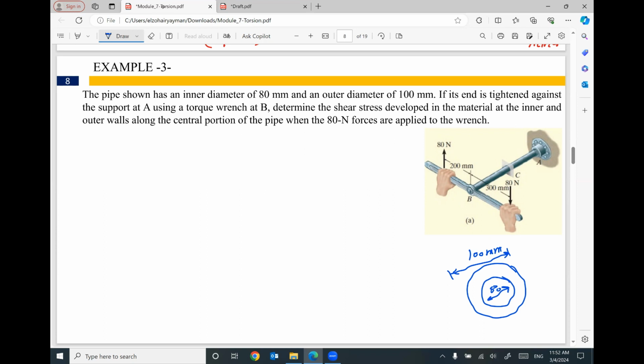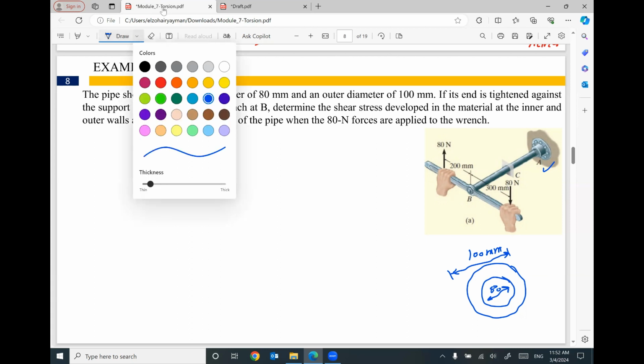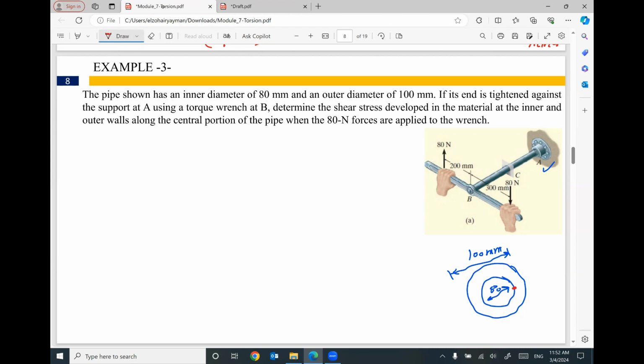If its end is tightened against the support A, it's fixed or supported at A, using a torque wrench at B. Determine the shear stress developed in the material at the inner and the outer walls. We are looking for what is the shear stress at the inner, how much, and what is the shear stress at the outer, how much.